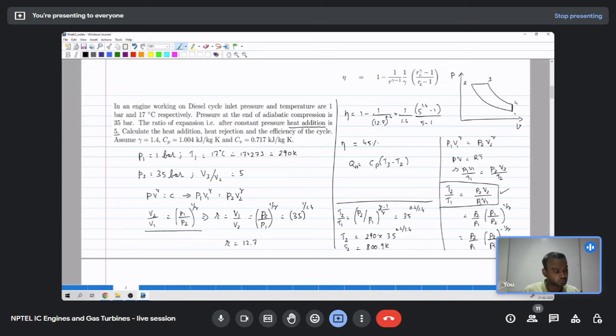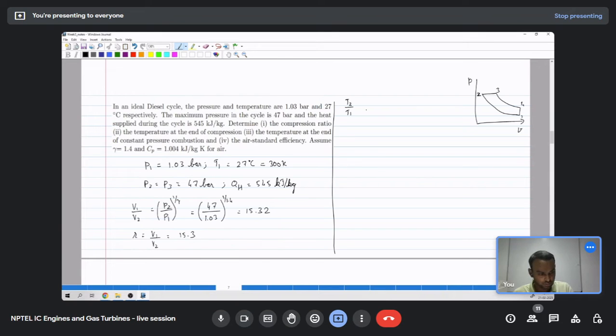Yes, so T2 by T1 is P2 by P1 power gamma minus 1 by gamma, that is again 47 by 1.03 power 0.4 by 1.4.